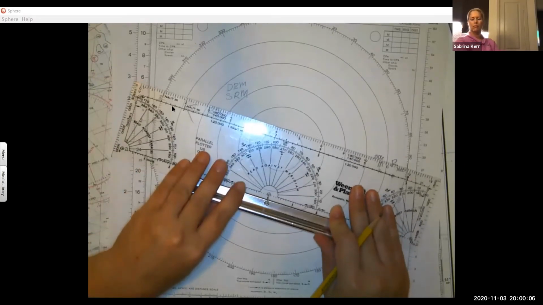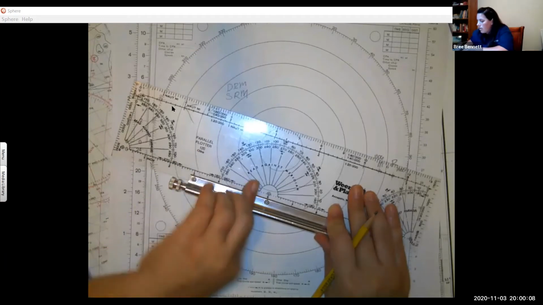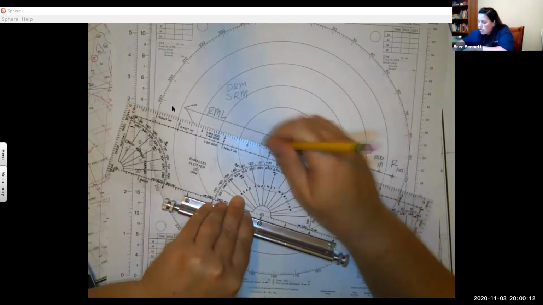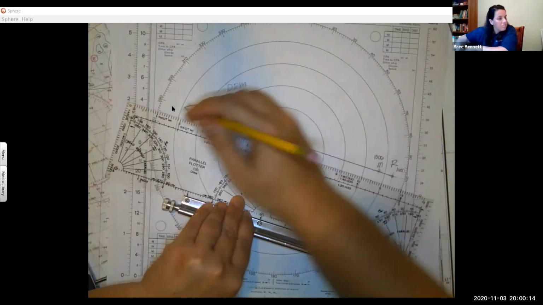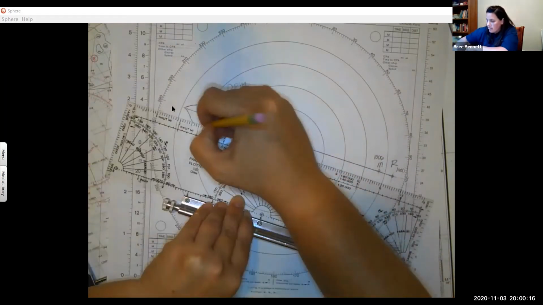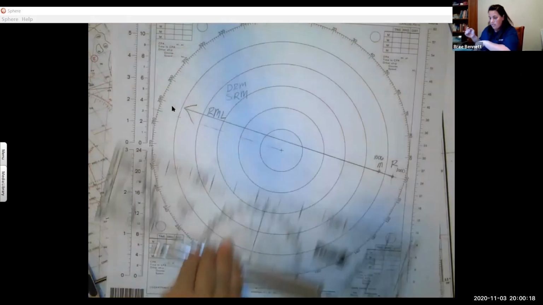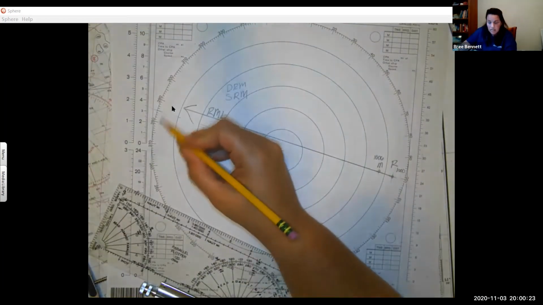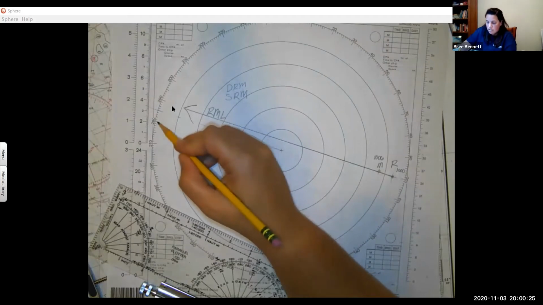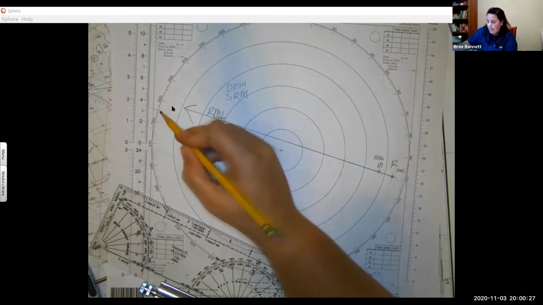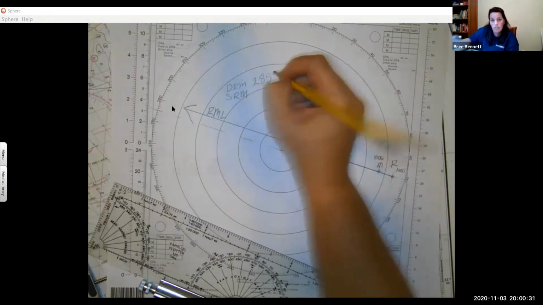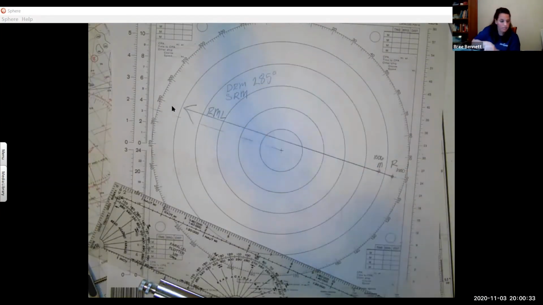I feel like I'm a little off on my dots, but that's okay. Give or take, 10 degrees. Okay, so I got a direction of relative motion of 285.